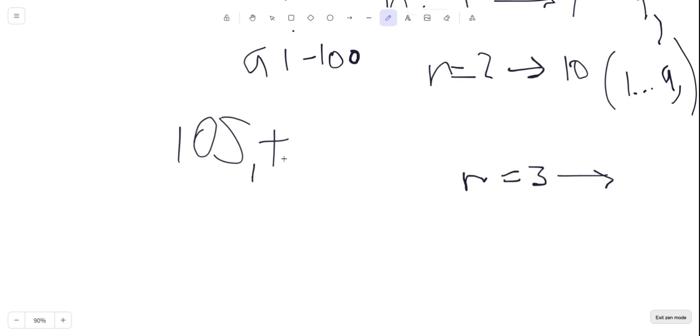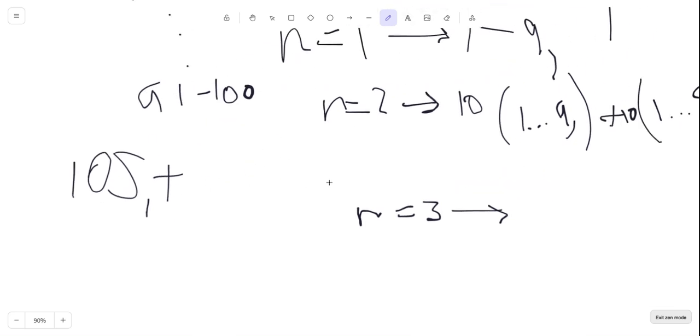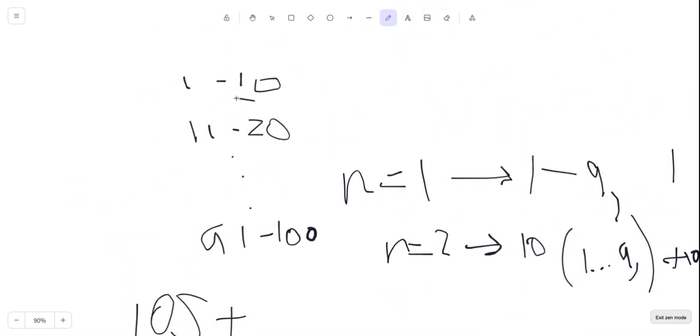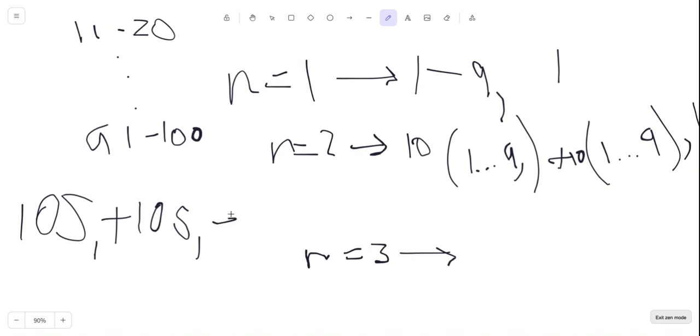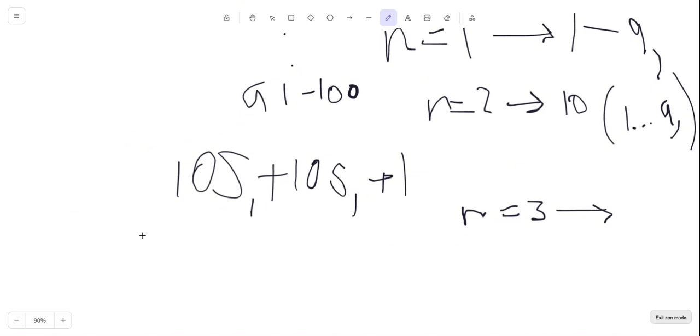And then for each of these 10 digits, we have 10 of these each, so 10 times each of these reciprocals, which makes 10 S1 again. And then another 1 for the 100, that last number.